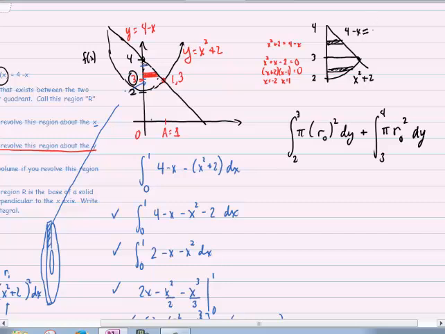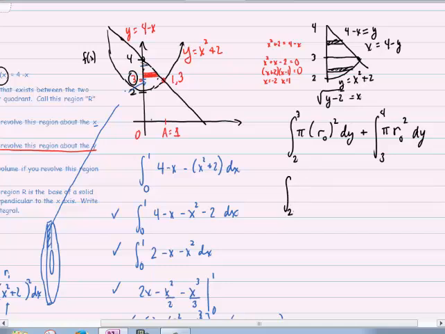So remember that you have to write these functions as x is a function of y. So in this case, x would equal 4 minus y when you solve for x, and in this case x would equal the square root of y minus 2. We would plug that in our integral.